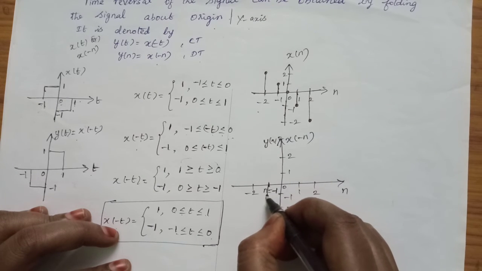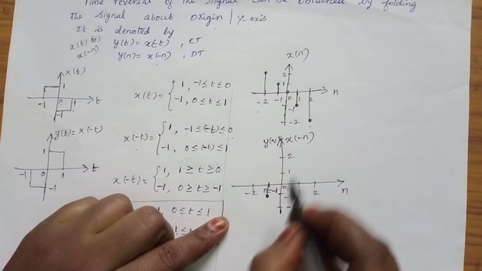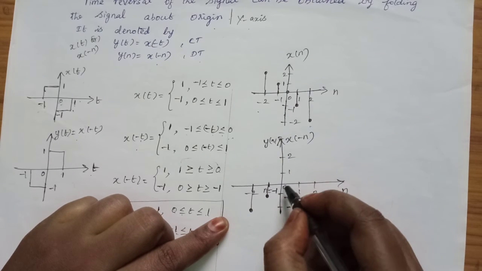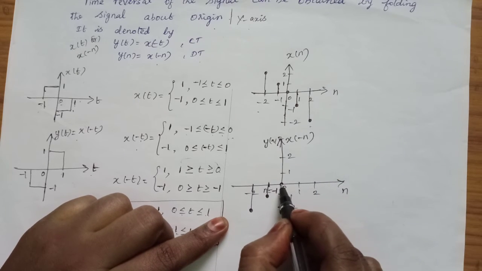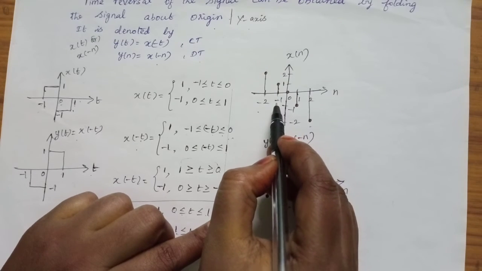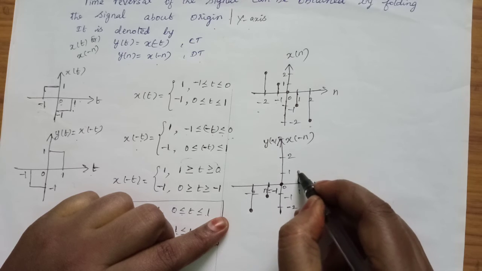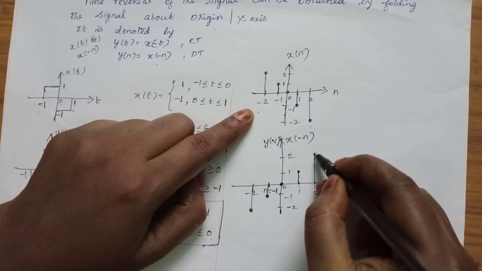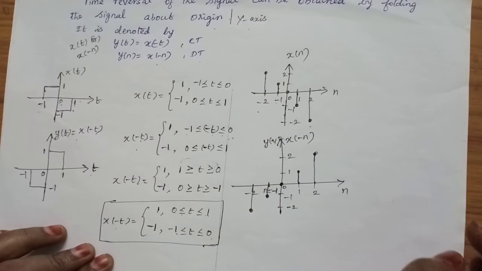At n equal to 2 it's minus 2, so it will be moved to n equal to minus 2. At n equal to 0 it's 0. The origin we won't change, because we are going to fold the signal about the origin. At n equal to minus 1, here plus 1, this will be moved to plus 1 here, and at n equal to minus 2, here plus 2. This is the graphical representation of x of minus n.